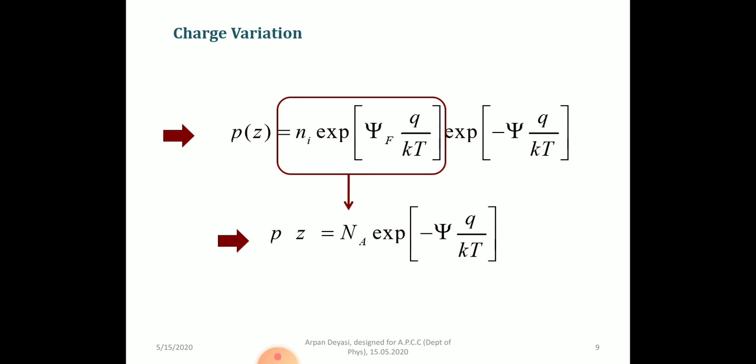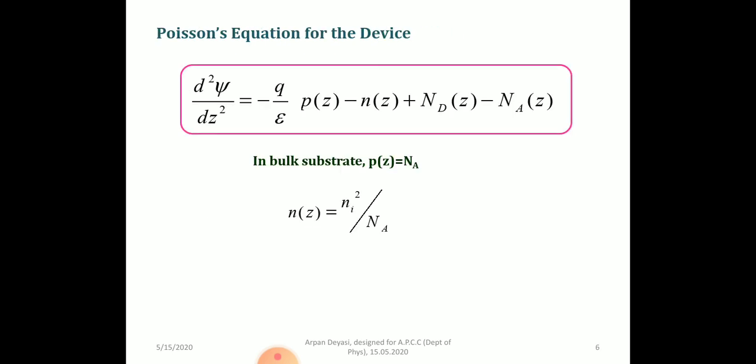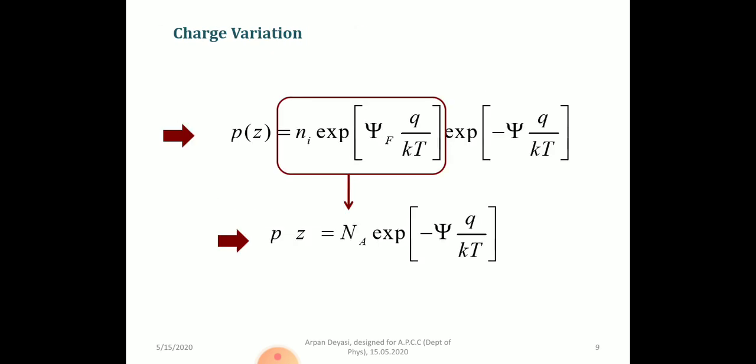So at the bulk, this exponential function multiplied by n_i represents the charge concentration at the bulk. What is the value of the charge concentration at the bulk? We mentioned it just two slides before. If you forget, I am showing here that in the bulk substrate p(z) equals N_a. So if I substitute again here, then n_i exponential psi_f q by kT becomes equal to N_a.